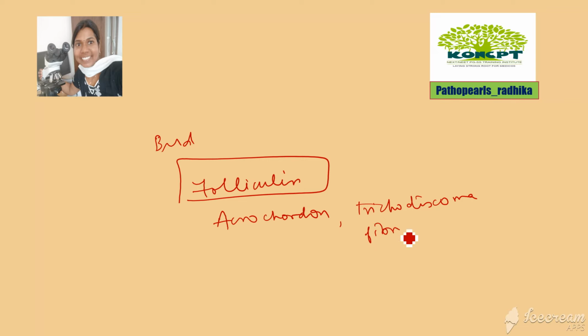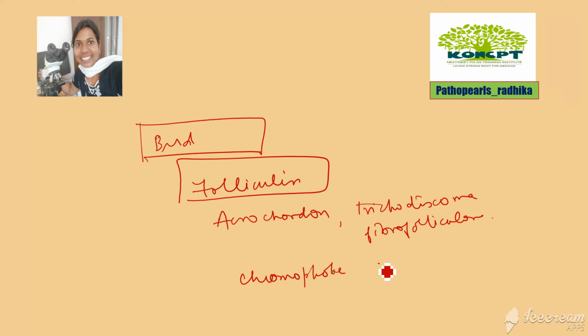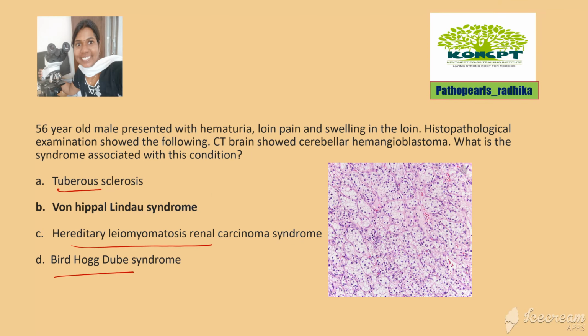You can have fibrofolliculomas also. You can have a lot of renal tumors. You can get any type of RCC, but in this syndrome you have chromophobe RCC. Chromophobe means they have cells with abundant eosinophilic granular cytoplasm. So this again is important.